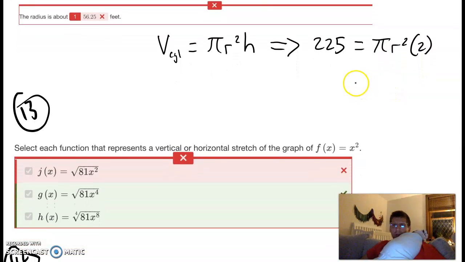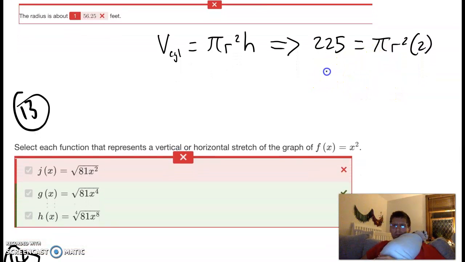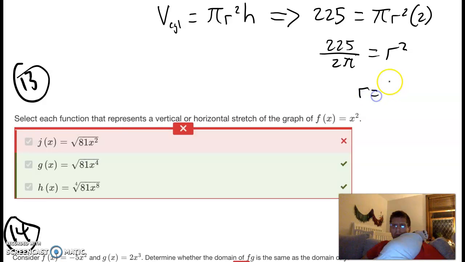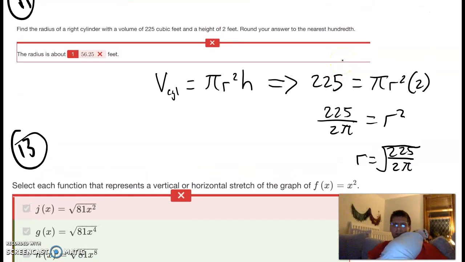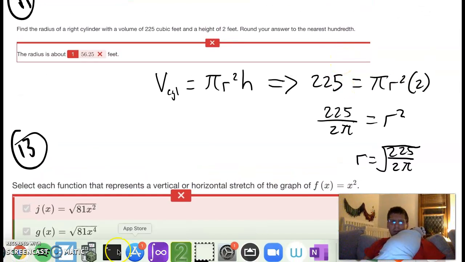Okay, so I could divide by 2 pi. So r would equal 225 over 2 pi. I haven't taken the square root of that, so it says round to the nearest hundredth. Let's go to my calculator.